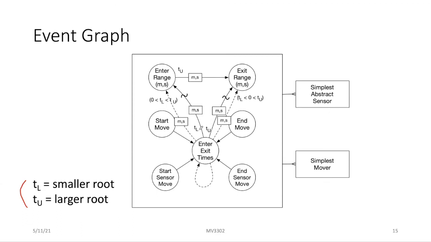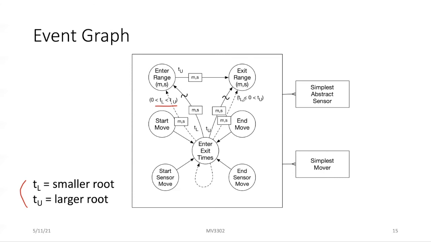And so if they're real and positive, if they're both positive, then the enter and exit times is going to schedule an enter range event passing both the target and the sensor. And the condition for that is that we have two positive roots.